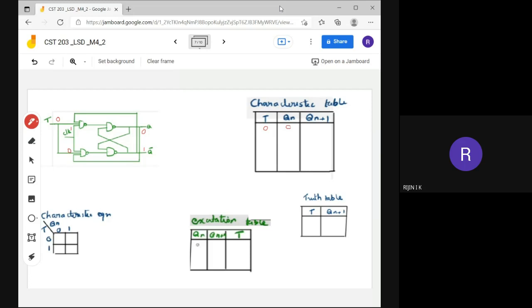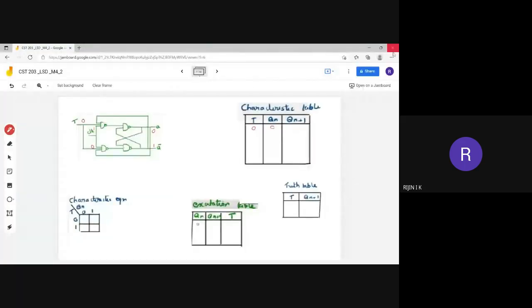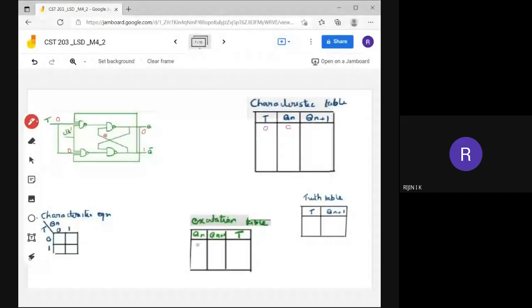Correct, it will be 1, because we have already learned that if any of the inputs is 0, then the output will be 1. Here also it is 0, so it will be 1.